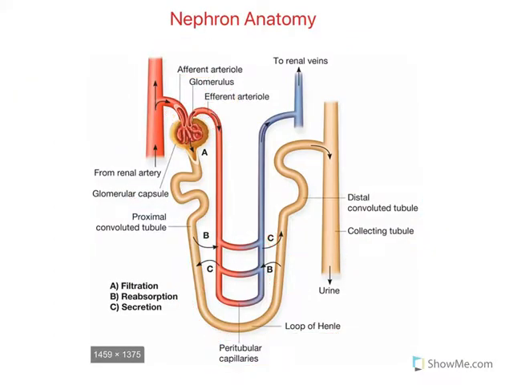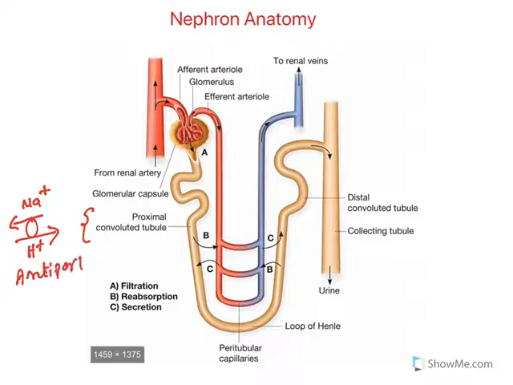Now, in the proximal convoluted tubule region, there is an antiport known as the sodium proton antiport. The job of this antiport is that sodium will be reabsorbed into the body, whereas the proton will be secreted into the lumen. Because the ions move in opposite directions, it is known as an antiport.